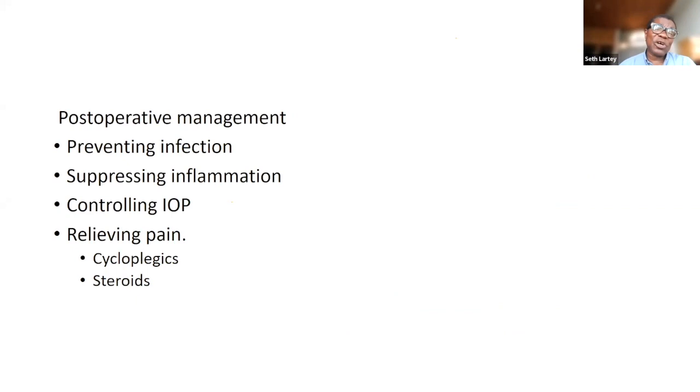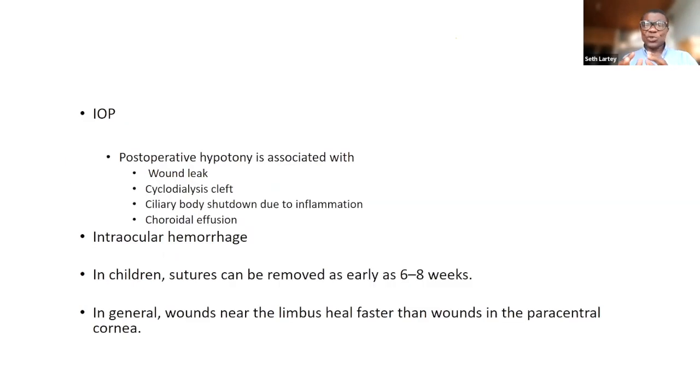But for the post-op management, you need to prevent infection, you need to suppress inflammation, and you need to control the intraocular pressure, which is going to rise in some cases. Pain relief can be done with cycloplegia and steroids. A few issues with corneal repair: the intraocular pressure may rise or may be low.